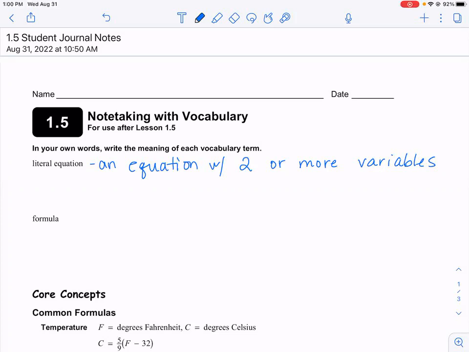Okay, now you've worked with formulas before. Who can give me an example of a formula? How do you find the area of a rectangle? Base times width times height. So that's volume. Okay. Area equals length times width. That is an example of a formula, okay?